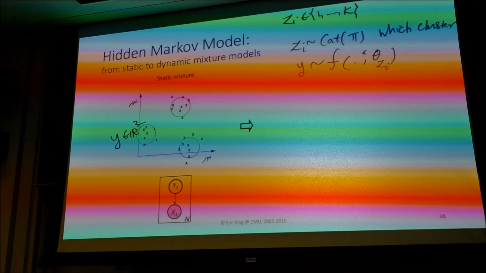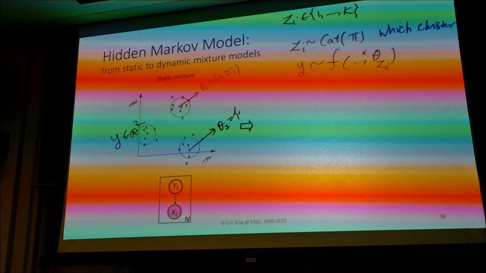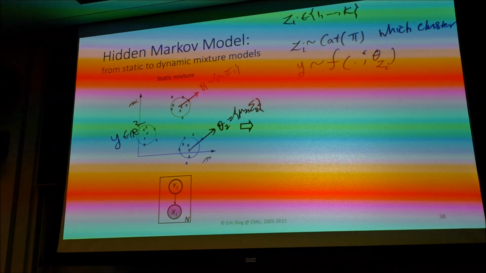Let's say theta 1 is the mean and the variance of this cluster, theta 2 is the mean and the variance of this one, and so on and so forth, right? So we first get the cluster index, and you generate from the cluster-specific distribution.